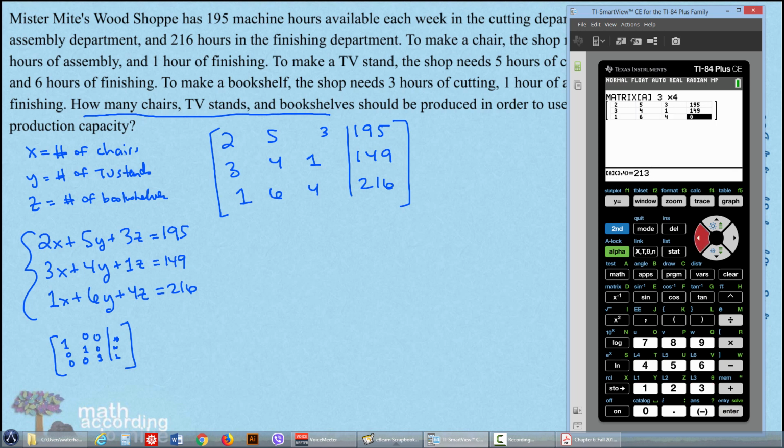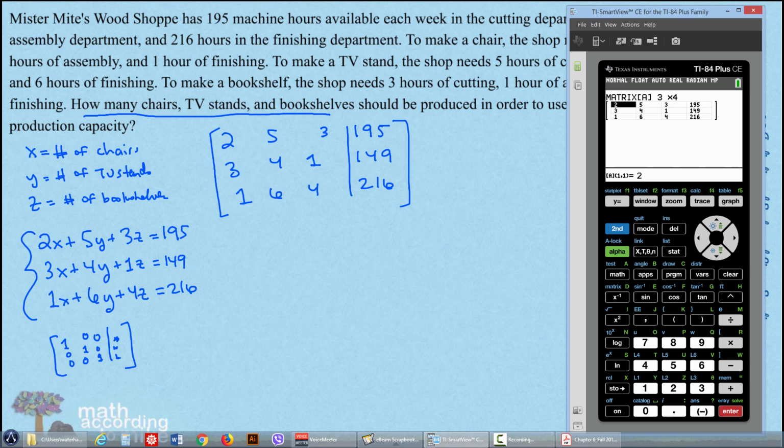Once you have your matrix in there, double, triple check it, because one digit off and there goes the entire problem. And we don't want that. Okay, great.